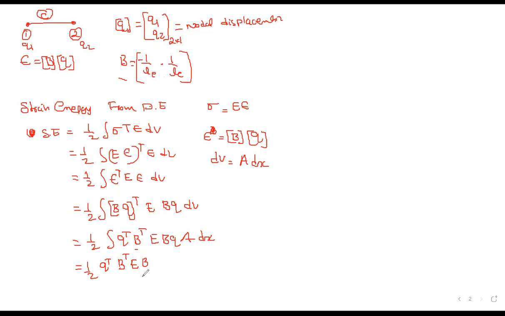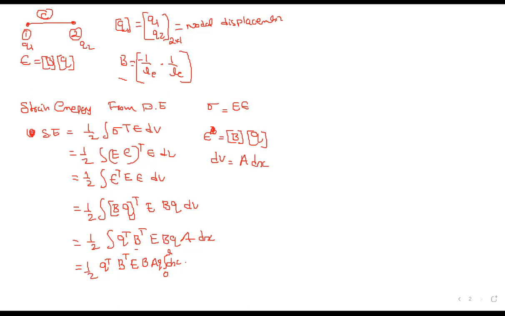The area is also constant, so take it outside. Then the integral of dx times Q remains. Q is also constant, so you can take that outside. So the integral of dx has limits from 0 to LE.